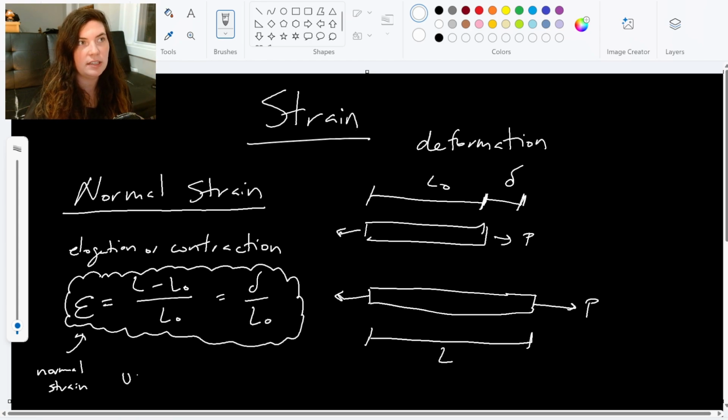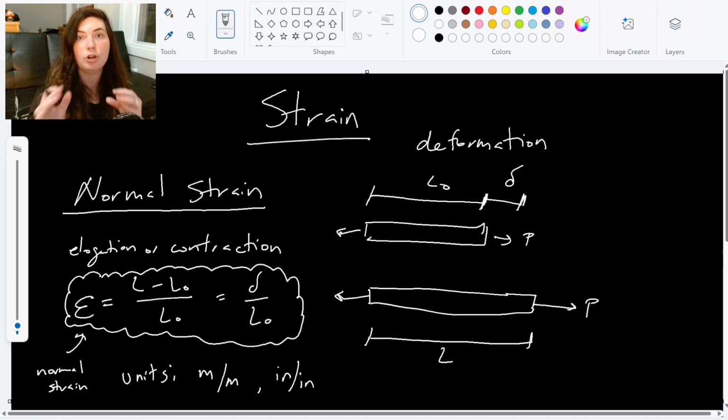So instead of leaving it dimensionless, we usually keep our units as meters over meters, or inch per inch, because we're describing how it changes per unit length. So if we had something really long, it might have the same strain as something really short, and it would just be the length per length that it's undergoing. So it could be meters per meters, inch per inch. Even mismatched units would be perfectly fine.